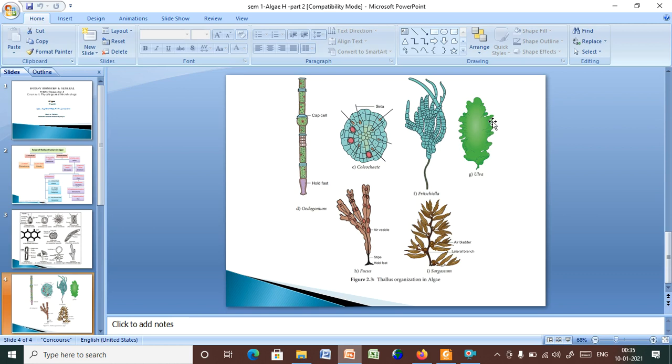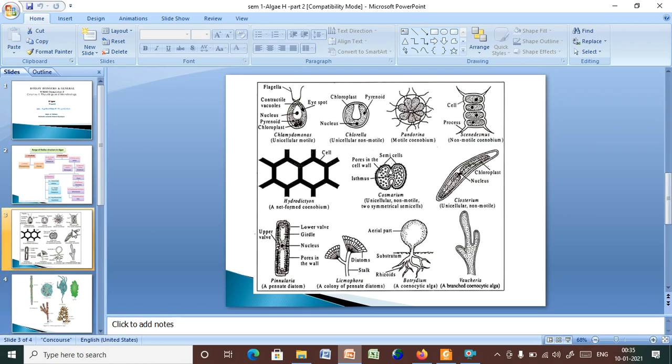Then the siphonaceous type, represented by Vaucheria, already I mentioned. Here the thallus is made up of long, hollow, tube-like structure called coenocyte, that is, a multinucleated condition without a partition wall.